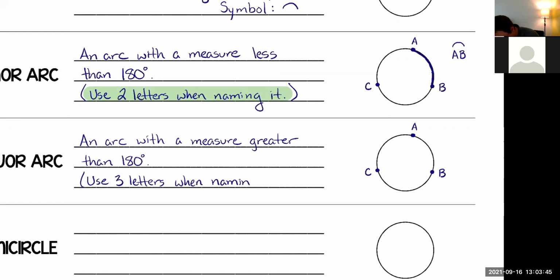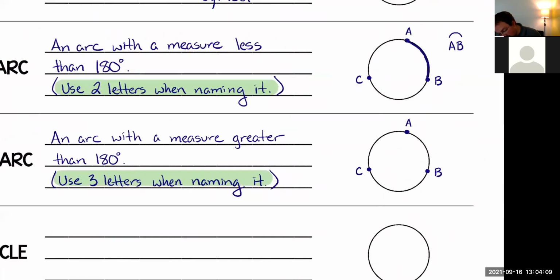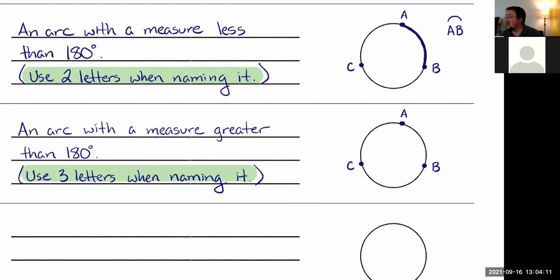And the reason why we put in a 3rd letter is because the endpoints are the exact same endpoints as with the minor arc. That 3rd point tells me which direction it's traveling in, which we'll see here in just a second. So again, I very deliberately made sure the points were at exactly the same locations, because now going from A to B, but in the opposite direction, I have a longer route to travel.